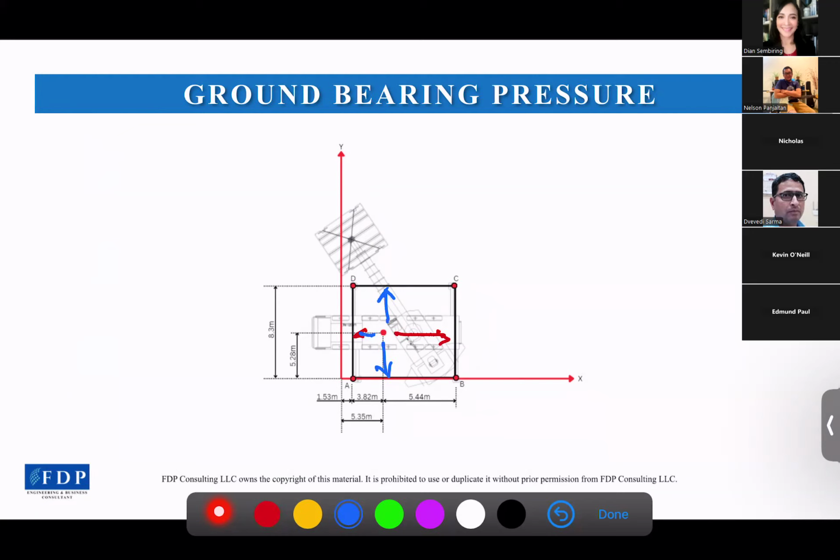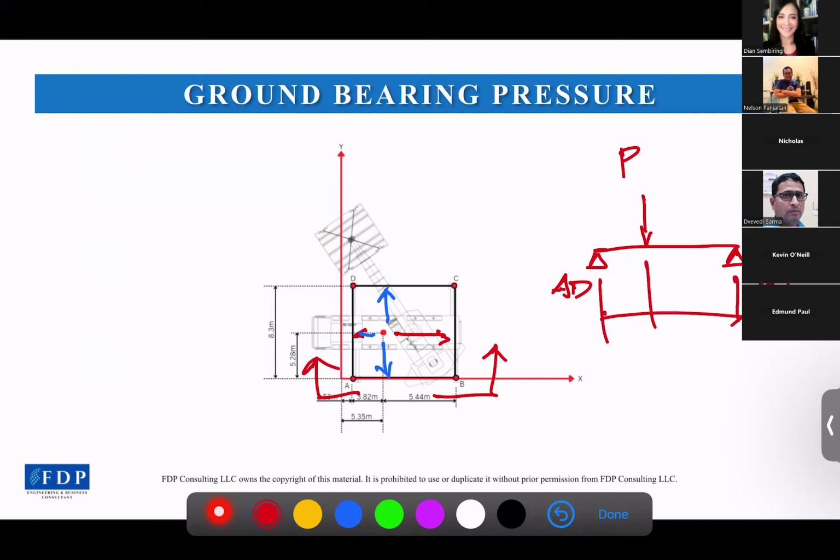So if I look at this side, there will be AD at the left and BC at the right, and the load will be sitting here, 3.82 from AD, and 5.44 from BC.